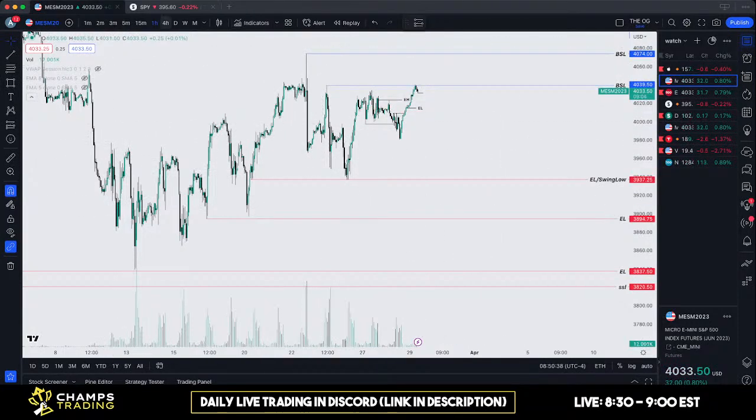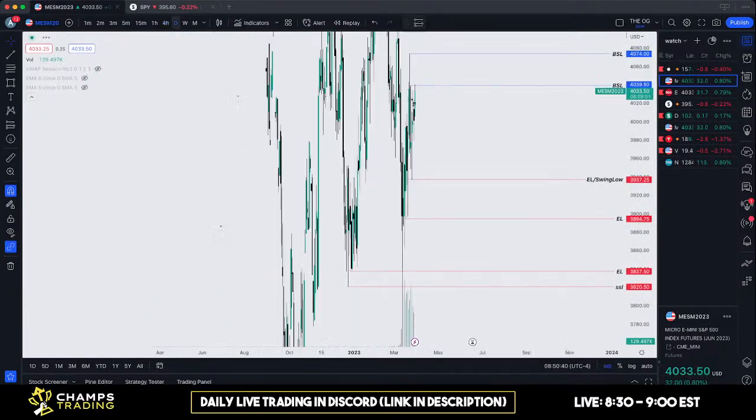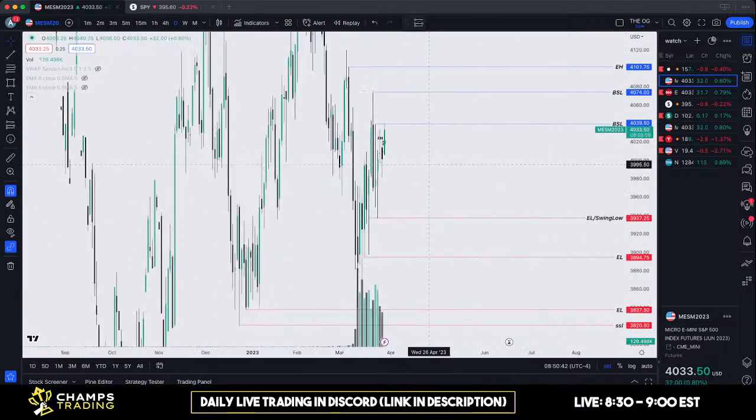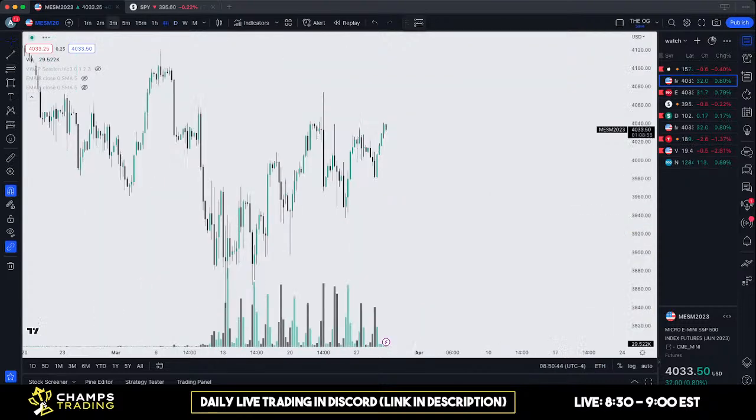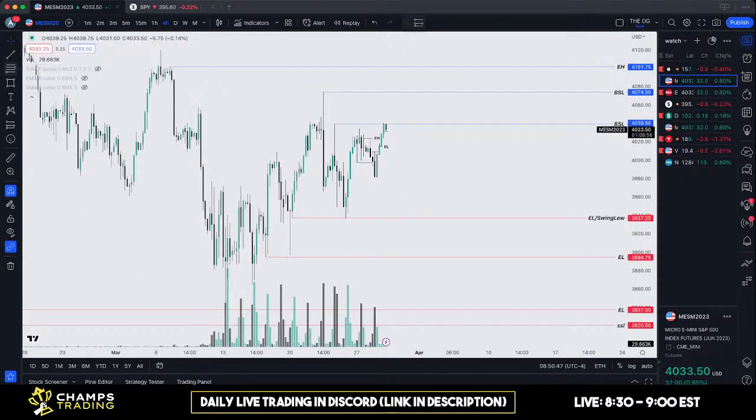If you go on the 4-hour, what can occur is we push into this 40.54 level, and this can also be an area where price ends up rejecting. We can push all the way up there and end up wicking that area before eventually dropping down below, right?